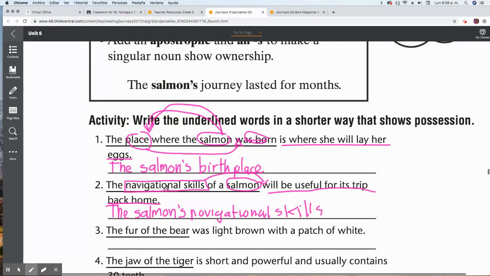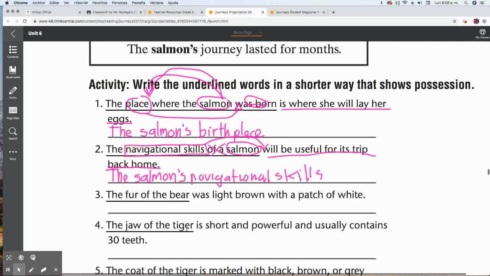I changed the underlined part and wrote it shorter because I didn't include these two words right here. The only thing that I did is change the noun to possessive and transfer what this noun owns, which is navigational skills. That is what that sentence is talking about.